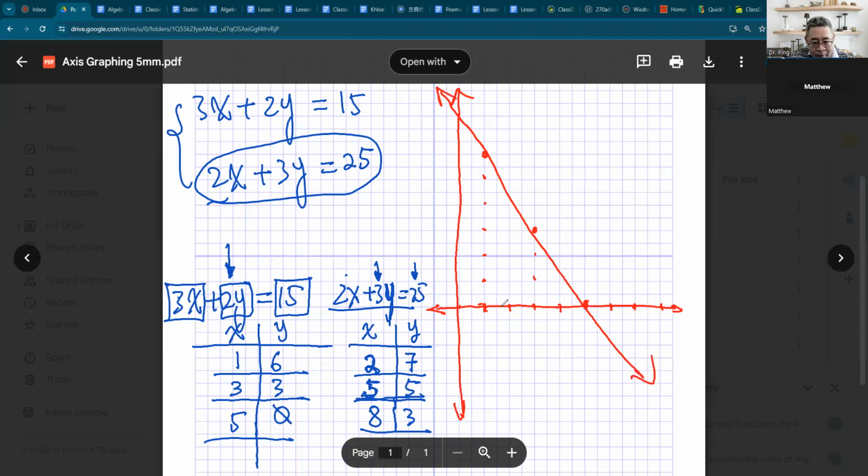Then we got 2, 7. 1, 2, this is 6. 2, 7 is here. Yeah. 5, 5. This is 5. And 8, 3. So we got this line here. So it's something like that.